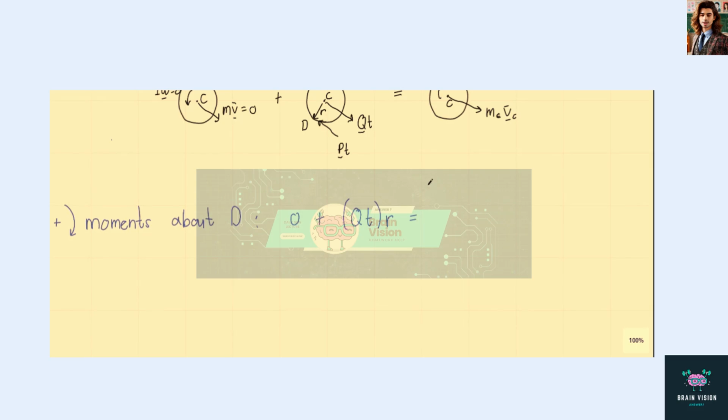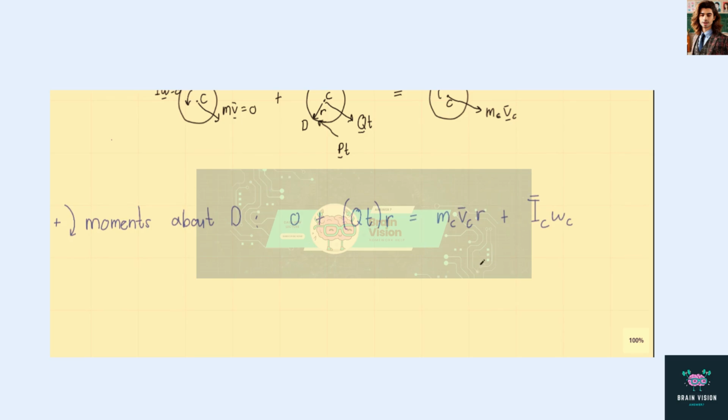And this is equal to the final moments of the system about D, which is its momentum m C V bar C times the radius r plus the angular momentum of the center of the system, I bar C omega C.